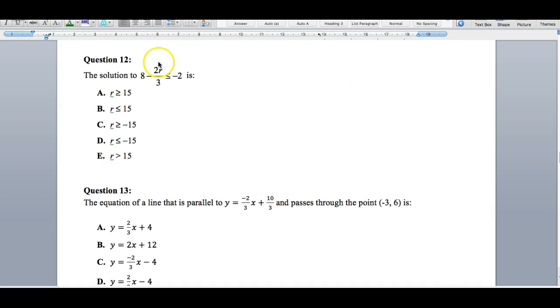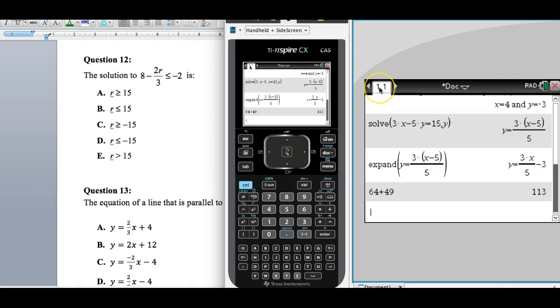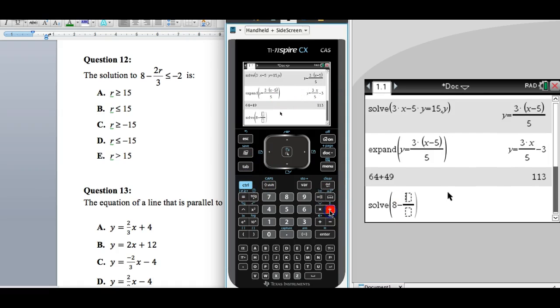Okay, so the solution to 8 minus 2r/3 is less than or equal to -2. Now, this one you have to do on your calculator. I mean, you can do it by hand quite easily, but I know that the inequality sign is going to change direction, because there's a negative in front of our pronumerals.